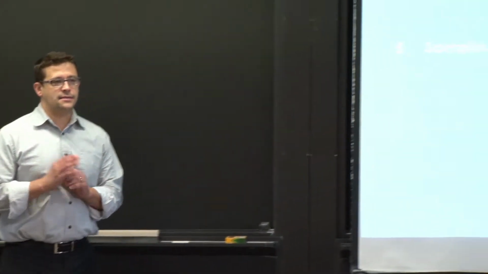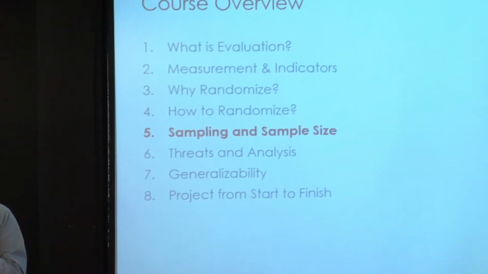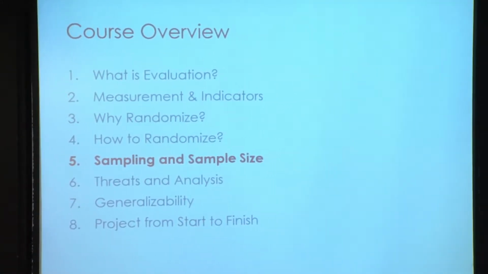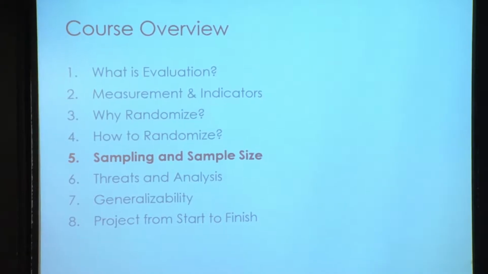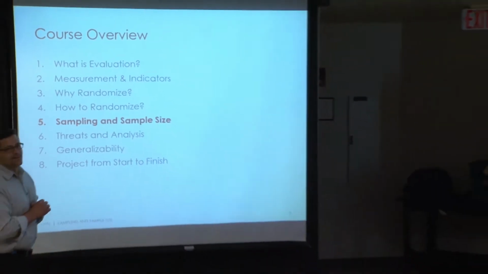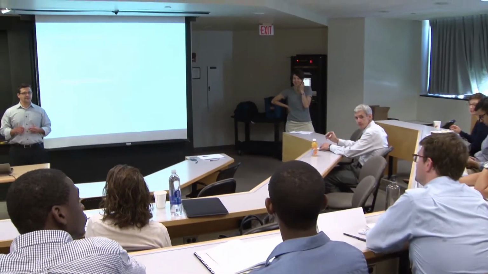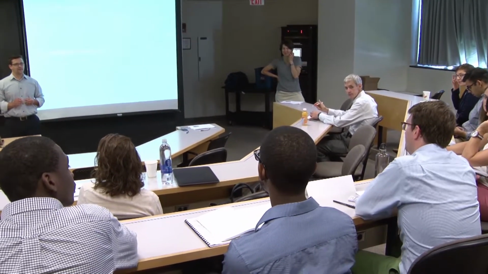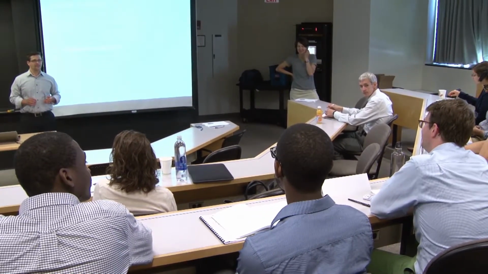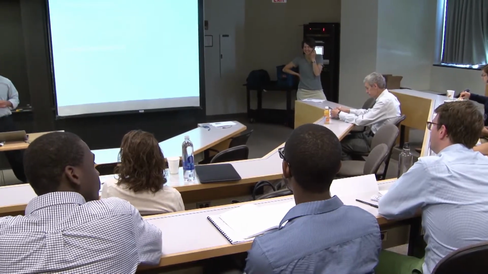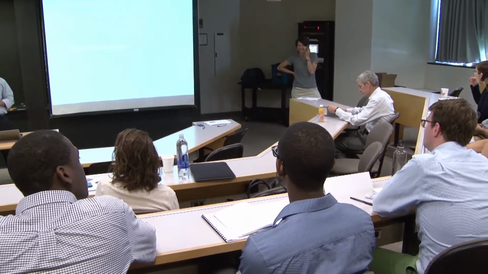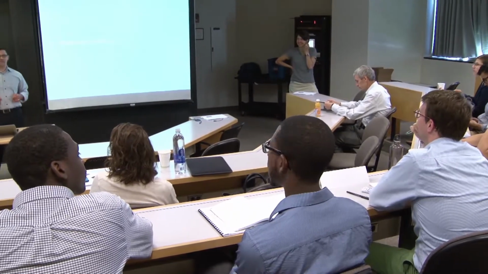So I'd like to ask someone, can someone tell me what are the 5 major components, or if you name 3, of program evaluation? Dave. Needs assessment, measurement, impact evaluation, I'm having a brain fire. No problem.